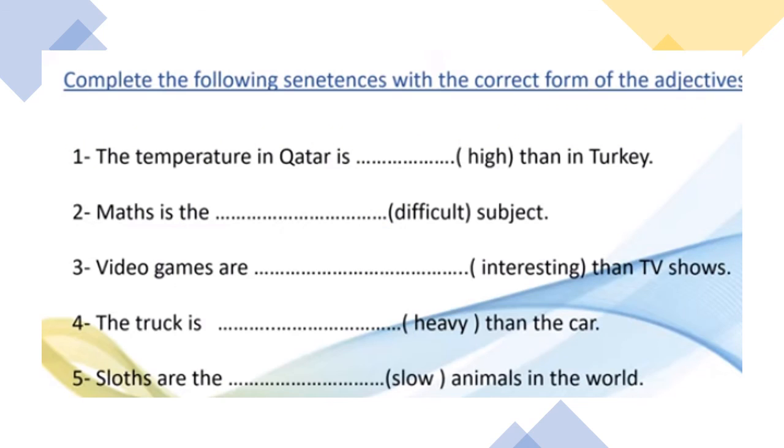Complete the following sentences with the correct form of the adjectives, comparative or superlative. The temperature in Qatar is higher than Turkey. Yes, here we have two things we are comparing. So we have to use the comparative adjective and add er to the adjective. The temperature in Qatar is higher than in Turkey.